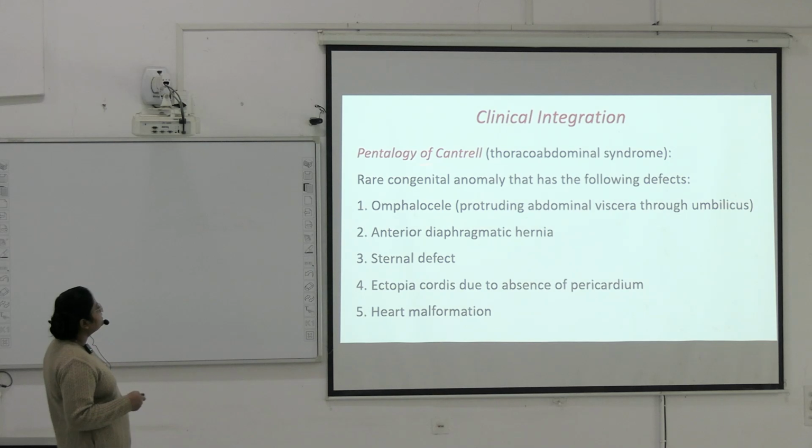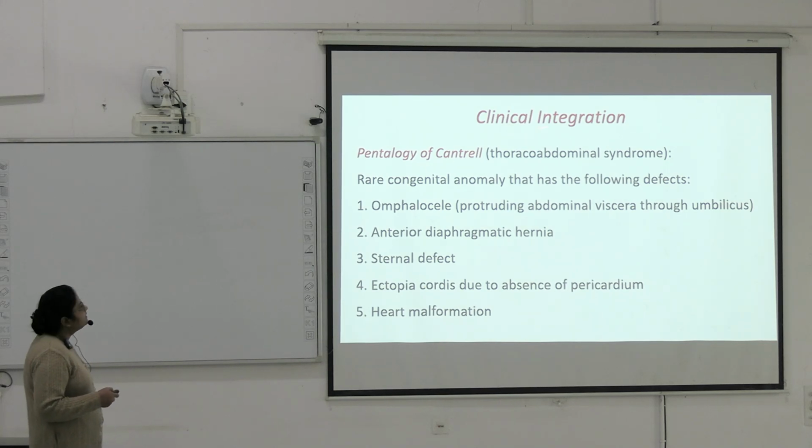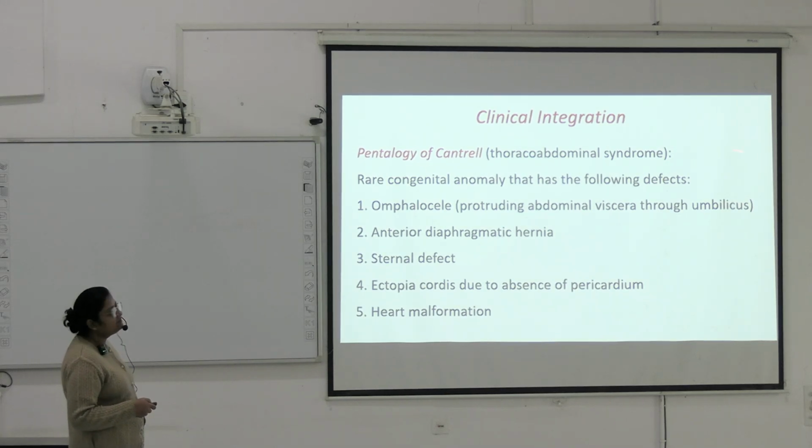Next is Pentalogy of Cantrell, also known as thoracoabdominal syndrome. All these five things will be present. It is a rare congenital anomaly that has the following defects. One is omphalocele. Omphalocele is protruding abdominal viscera through the umbilicus. There will be anterior diaphragmatic hernia. There will be sternal defect, ectopia cordis due to absence of pericardium.